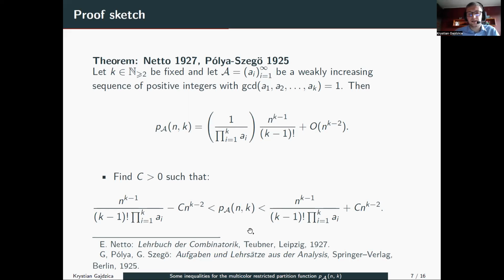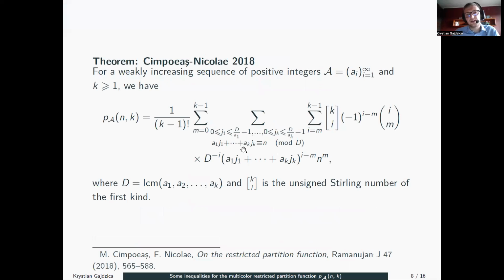In order to do that, we may apply, for instance, the theorem of Chimpanzee-Nikolaev from 2018, which gives us an explicit form of the multicolor restricted partition function. It is quite complicated but we can find some bounds for the appropriate values of the quasi-polynomial p of n,k.